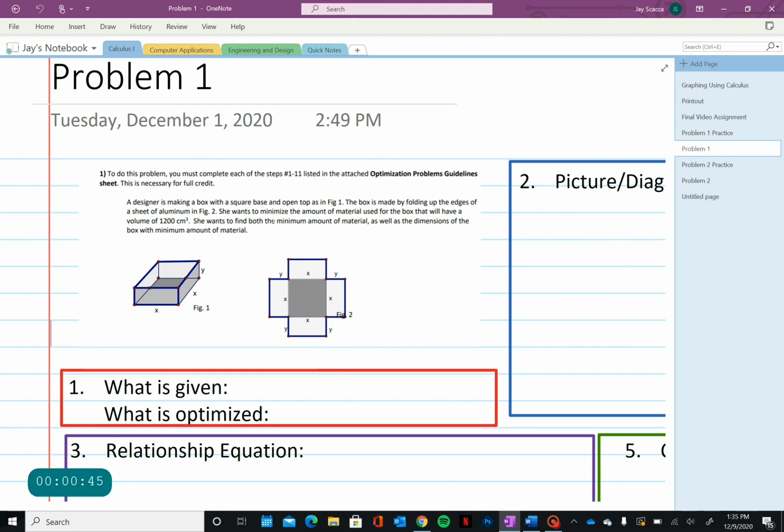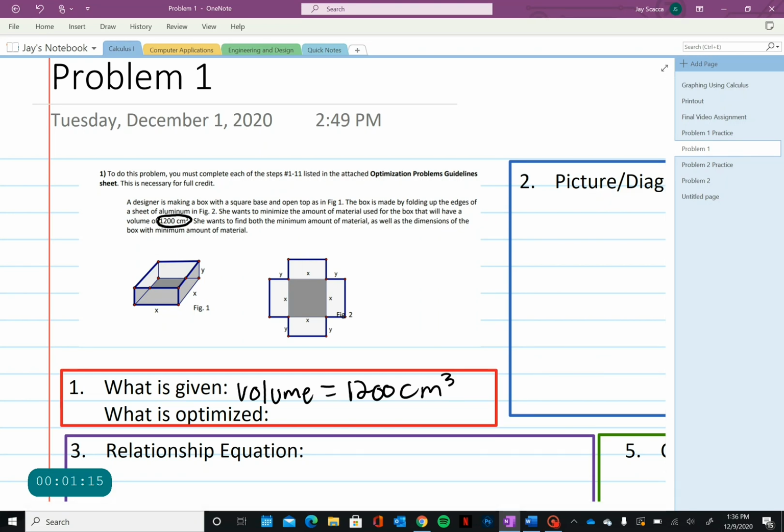So we can start by stating what is given in the problem, and we can see that the volume is given. So volume is equal to 1200 centimeters cubed. And then what is being optimized?